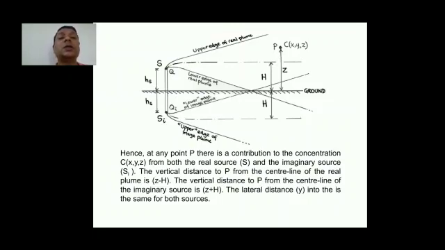The vertical distance to P from the central line of the real plume is z minus capital H. The vertical distance to P from the central line of the imaginary source is, in that case, z plus capital H. The lateral distance y in both cases is the same, because all these things we are taking in the z direction.